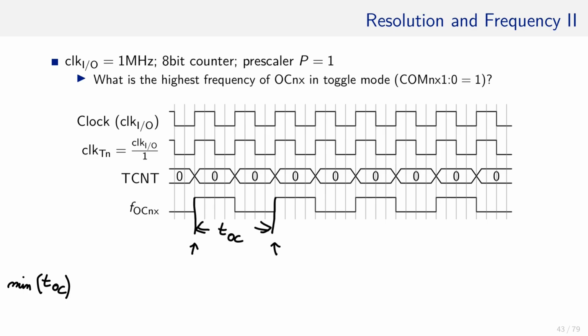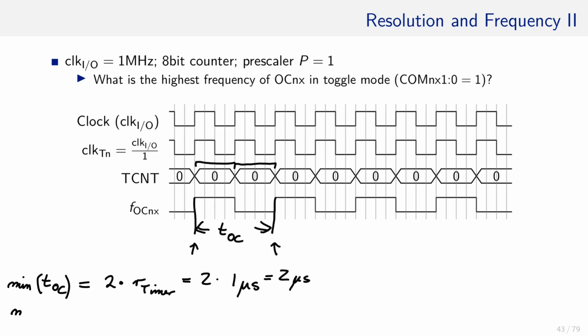As you can see, the timer in this period increments twice. Hence, the minimum time is equal to 2 into the resolution of the timer that we calculated on the previous page, and that is 2 into 1 microsecond, which is obviously 2 microseconds.